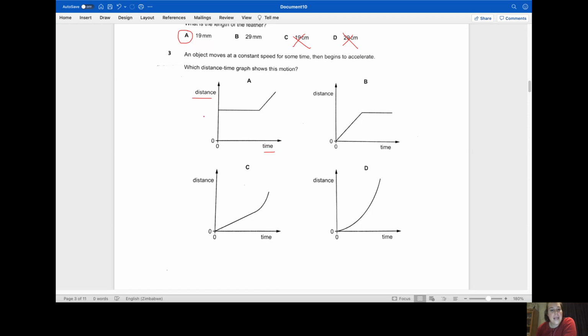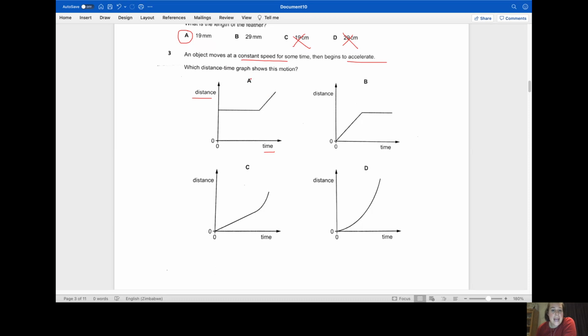In your head you should be thinking, distance time graph, what do I remember about distance time graph? An object moves at a constant speed, then it begins to accelerate. We are looking for the shape of this graph, a constant speed and then accelerate.